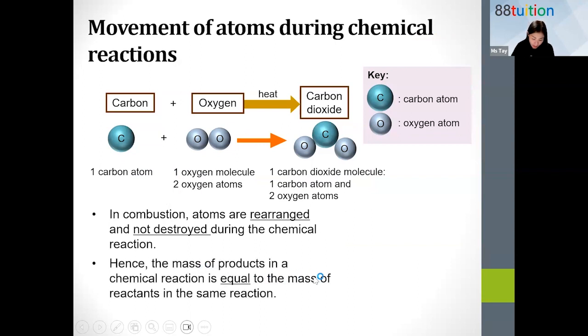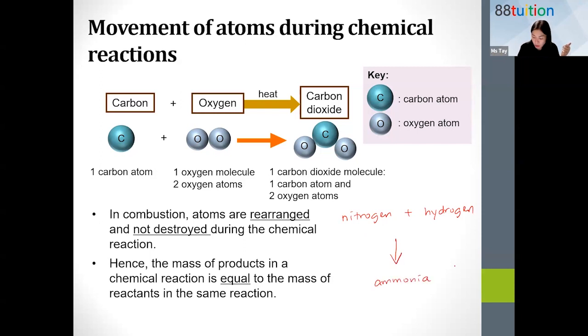The mass of the product is equal to the mass of the reactants. Very simply, this is about it. But when we see questions, we can see something maybe more difficult. If you want to explore further, let me get you to think about nitrogen plus hydrogen to form ammonia.